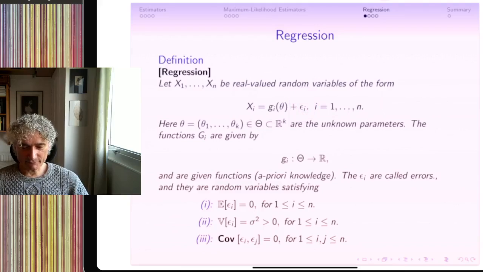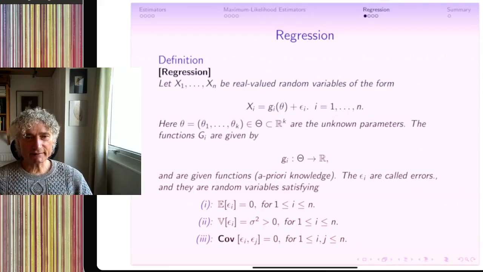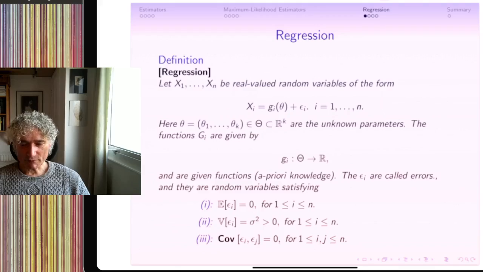We have theta as a parameter in R^k, so there are many different such unknown parameters, and the functions g i, sorry, this is a mistake, so that should be g i, are then mappings from the parameter space Theta into R. And these are given functions.